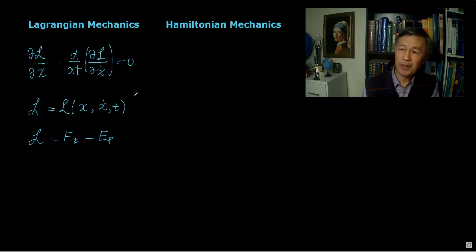So in practice, what you need to know is simply to find the kinetic energy. The kinetic energy for the particle can be written, as you have learned before in high school, as half m v squared. And in addition, as I explained before, because we prefer to use momentum rather than velocity to describe the kinetic energy, in many cases we can rewrite this formula as p squared divided by 2m.